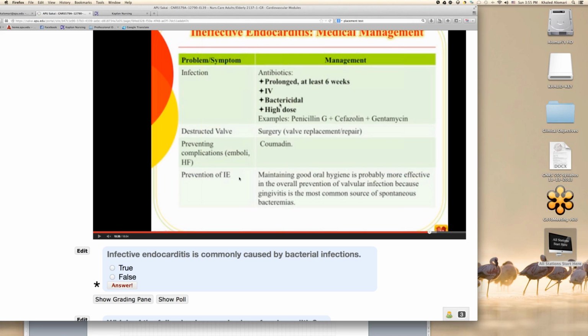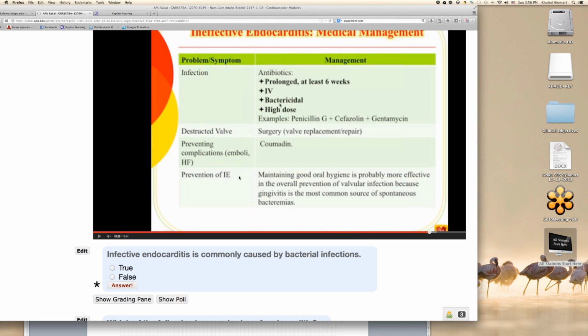The kind of NCLEX question that you will see tells you that you are planning to do teaching in the community about endocarditis. Which of the following contents must you include in your education? You want to teach patients just about preventive measures, so we're not going to talk about taking medication.